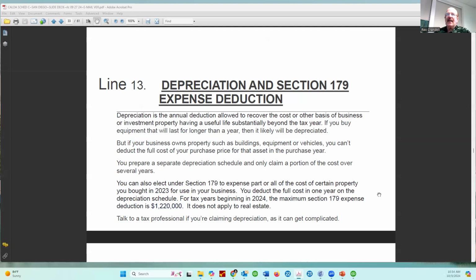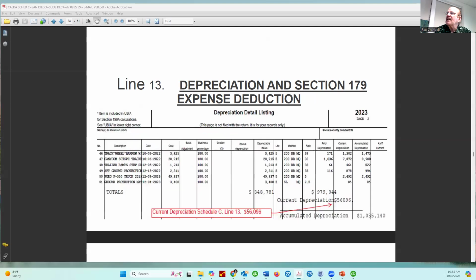And in that case, if you're claiming the 179, on the depreciation schedule you deduct the full expense of what you paid. And for 2024, the maximum amount you can write off in the first year is 1.2 million. However, this rule does not apply to real estate. Talk to a tax professional if you're claiming depreciation, as it can get complicated.